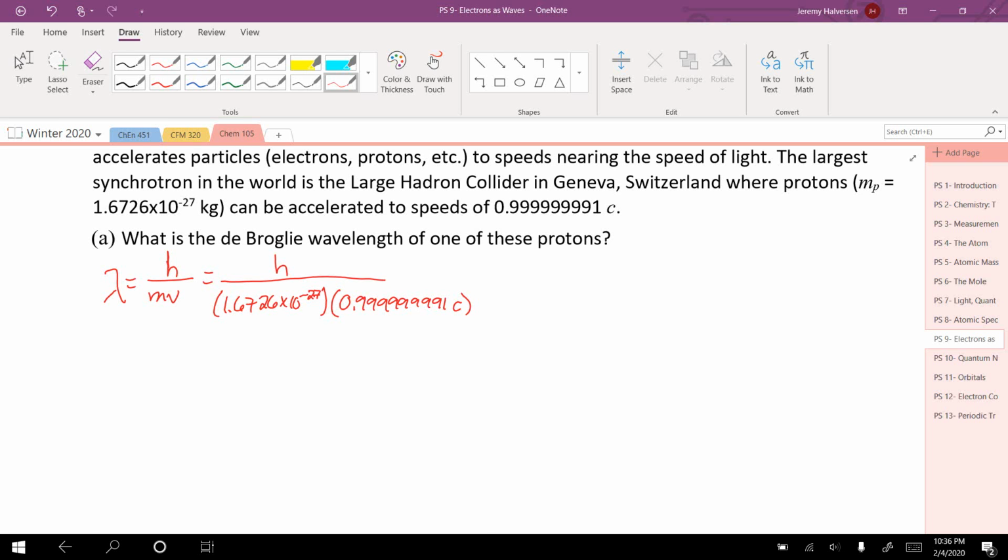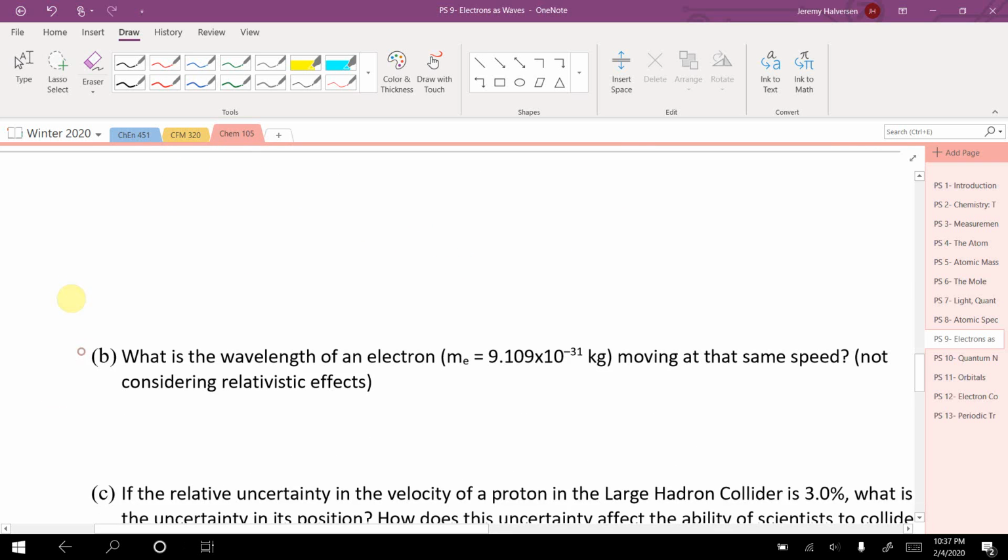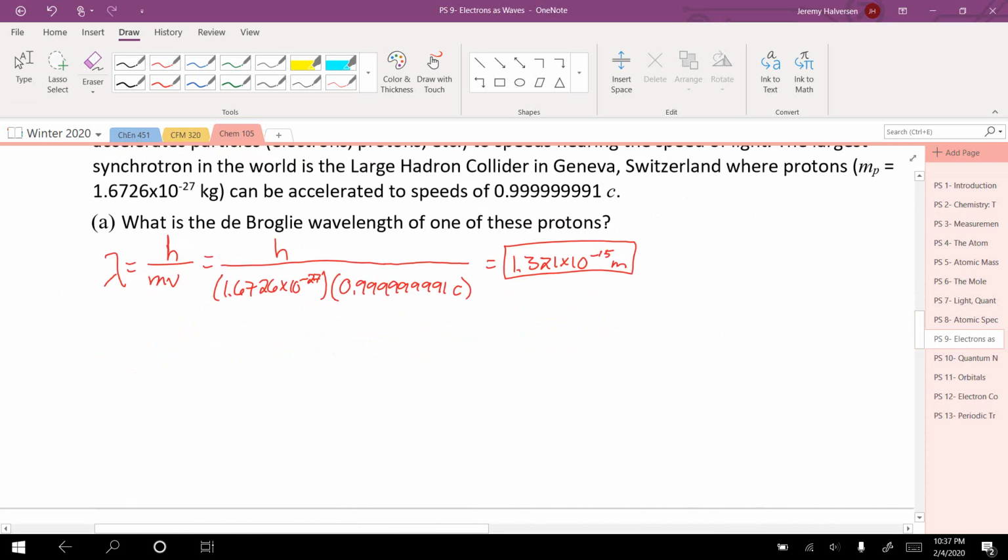And when I do that, I get a wavelength of 1.3321 times 10 to the negative 15 meters. Okay. Oh, is that all it asks? Yep, that's the de Broglie wavelength.